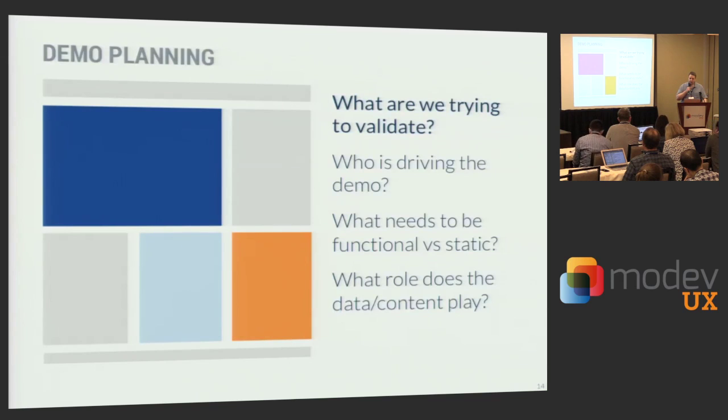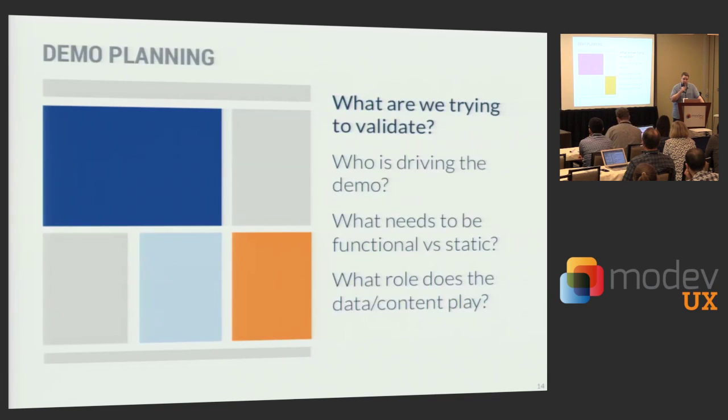And then there are other factors too, like what needs to be functional versus static, and I talked about that. A lot of prototyping ends up being smoke and mirrors. As much as I'm using more modern JavaScript frameworks and all sorts of things, there's a time when GIFs just popped into a table is acceptable for prototyping because of time constraints.